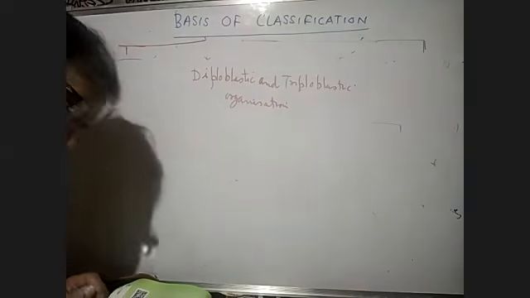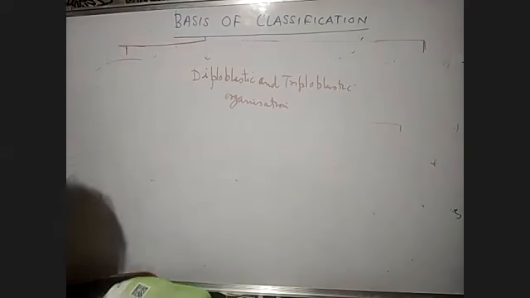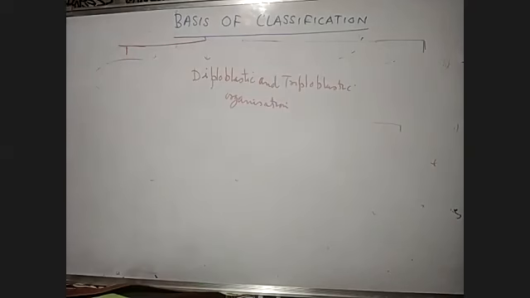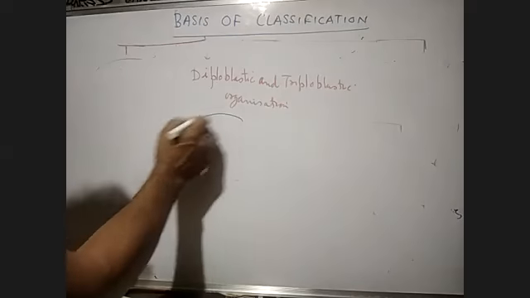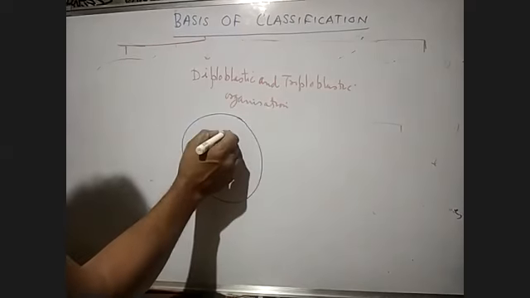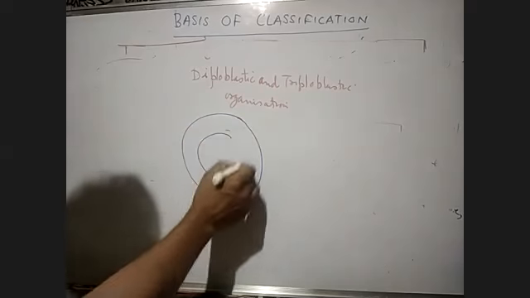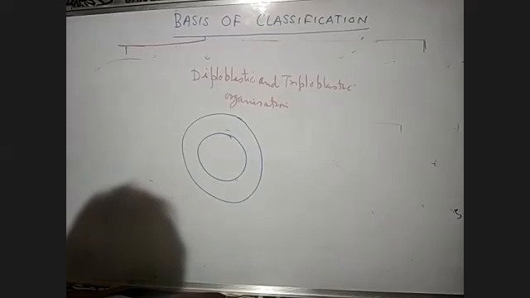In the embryonic stage, the body of an animal is divided into different layers. If the embryo is divided into two layers, they are called ectoderm and endoderm.